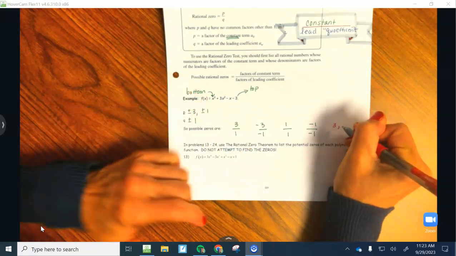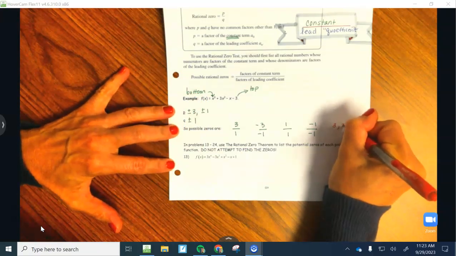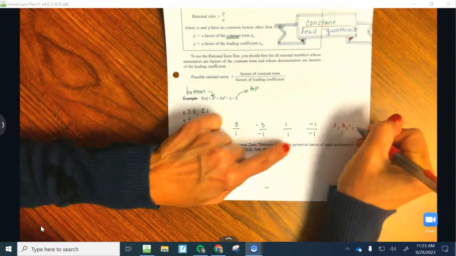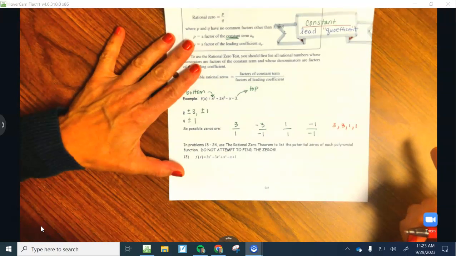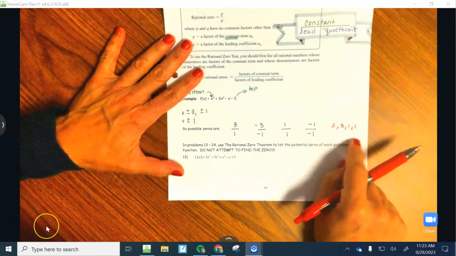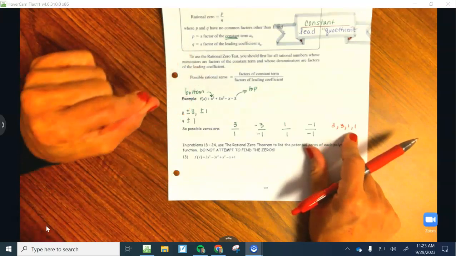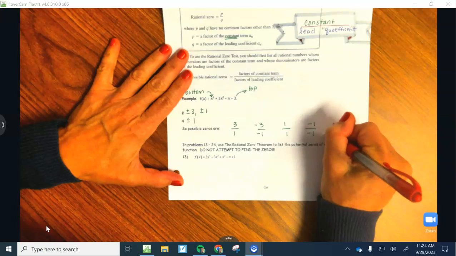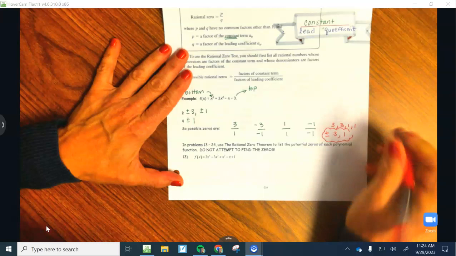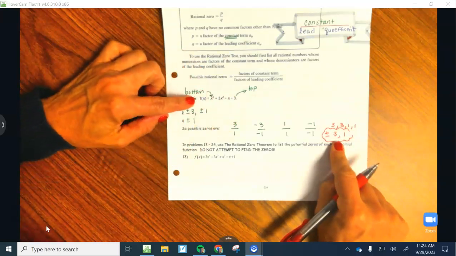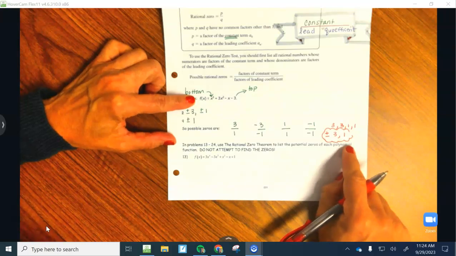What's negative 3 divided by negative 3? Still a 3. 1 divided by 1, and a negative 1 divided by a negative 1. So our whole possibilities are 3 and 1. But remember, we always include the positive and the negative. These are the only possible answers that you can plug in to get 0.